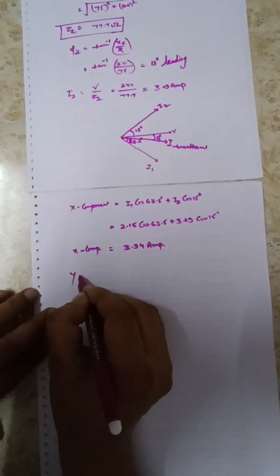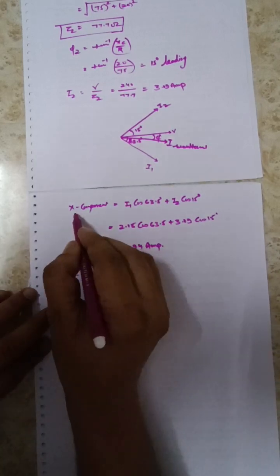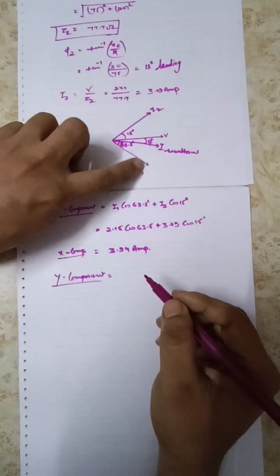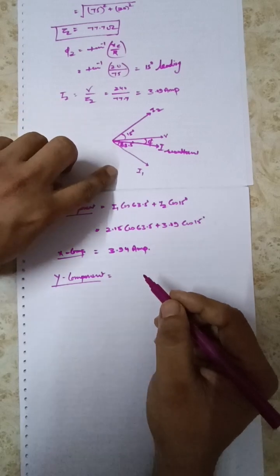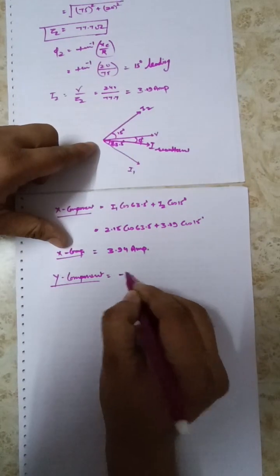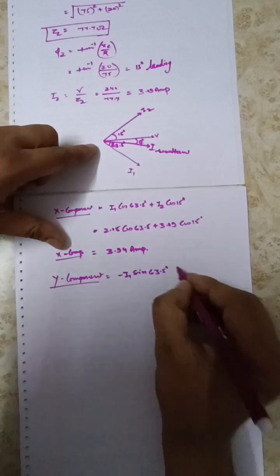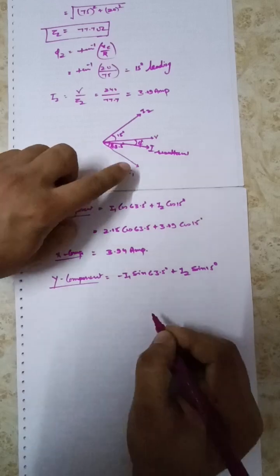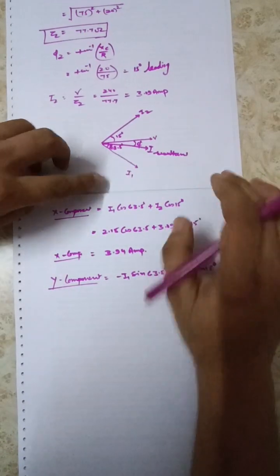Now y component will be equal to this I1, which can be drawn here with negative sign, and this I2 can be drawn here with positive sign. So it will be minus I1 sine 63.5 degree plus I2 sine 15 degree, because I1 will be drawn here with the negative direction.